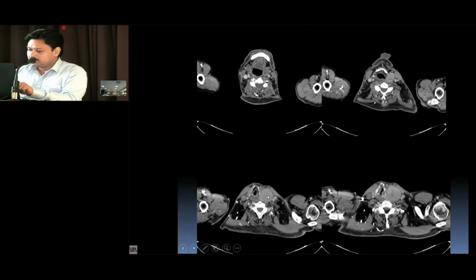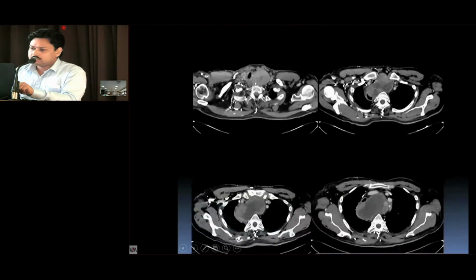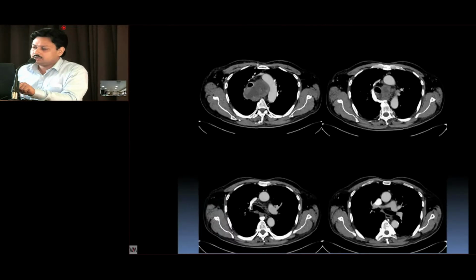Here you can see it's compressing at the level of glottis, and this mass has intrathoracic extension, and you can see how much compression it is causing on the trachea. Then this mass is going into the mediastinum and displacing the great vessels, and it is reaching up to the carina.